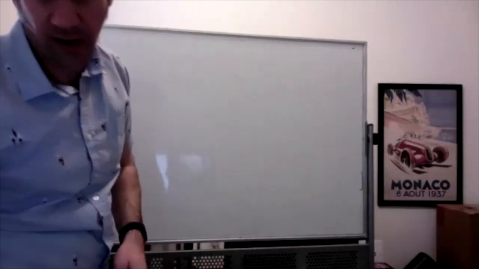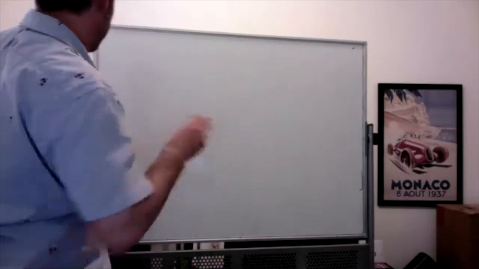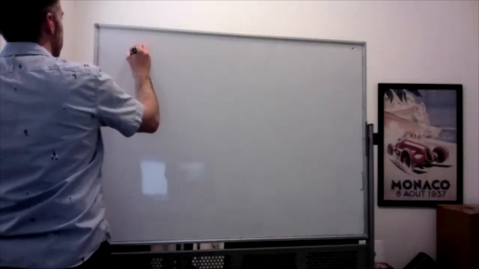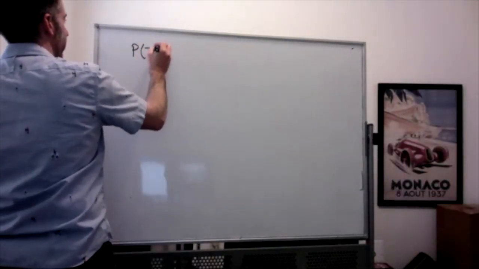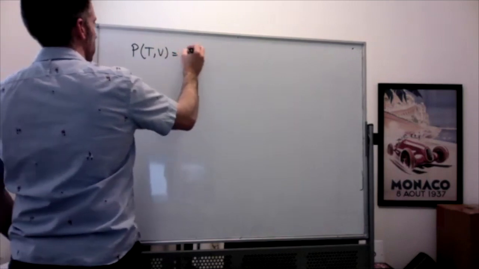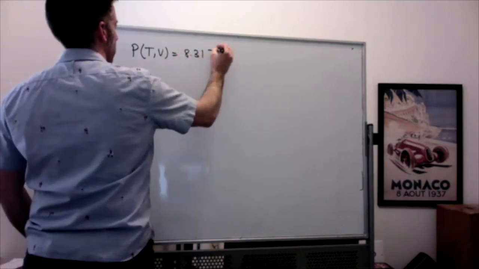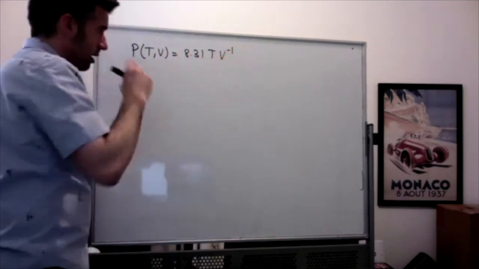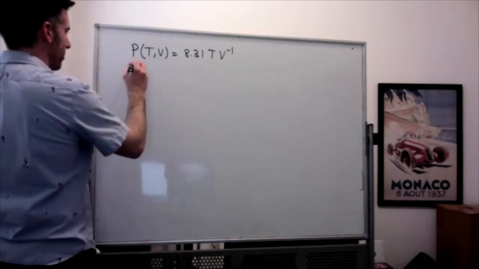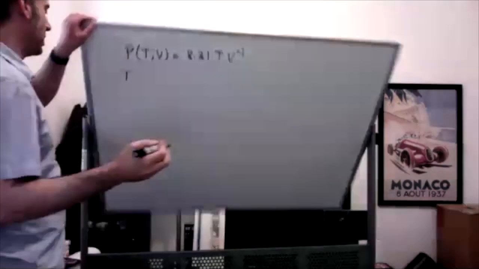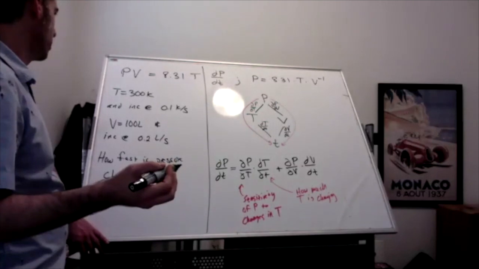So here's what we've got. I've got P equal to 8.31 times T times V to the negative first. P of T and V, I can even write it this way. And I also have that T is a function of time.